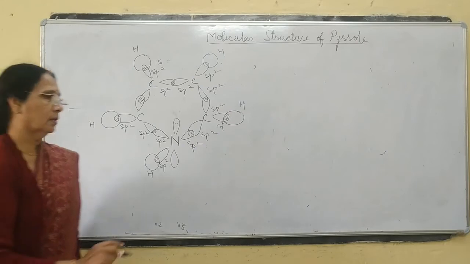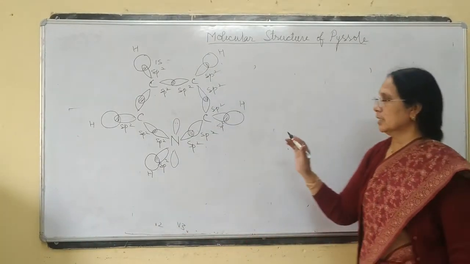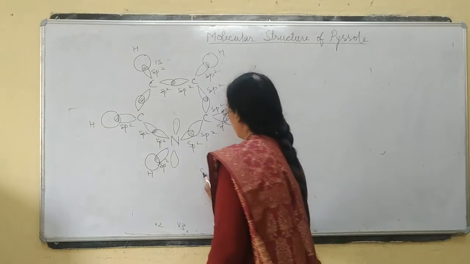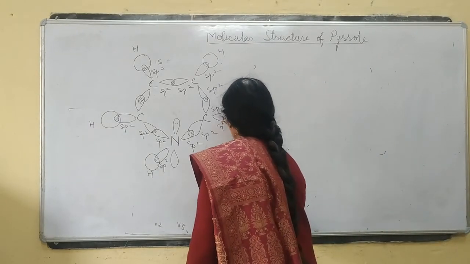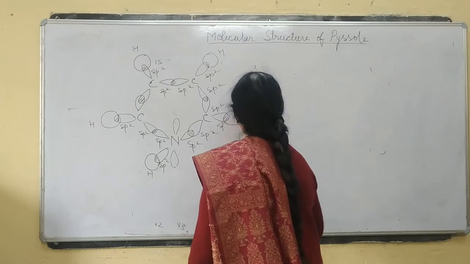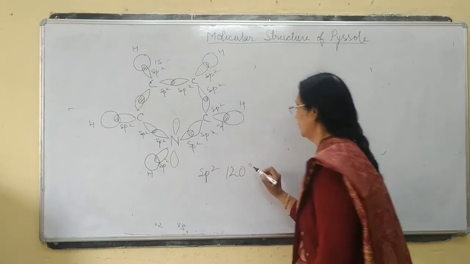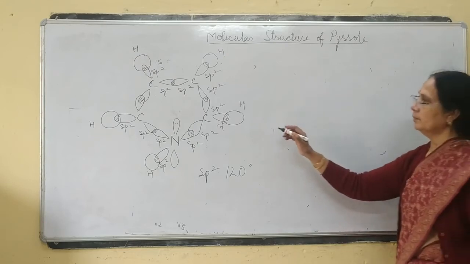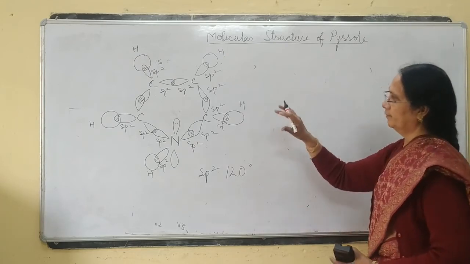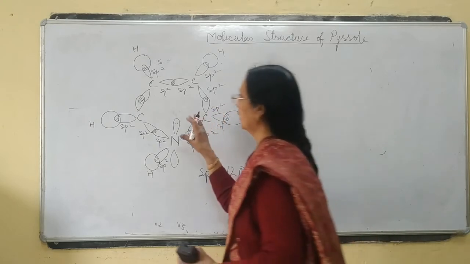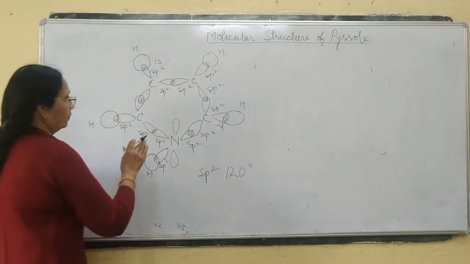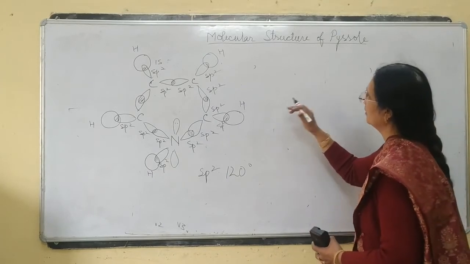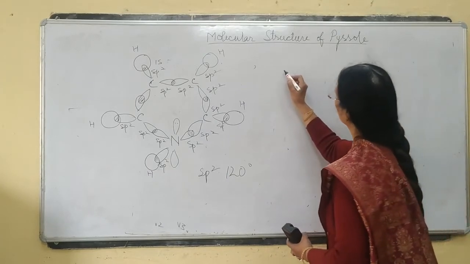So it exists in one plane only. These sp2 hybridized orbitals are at 120 degrees apart from each other, and they are found in one plane only. So finally they make the structure like this.